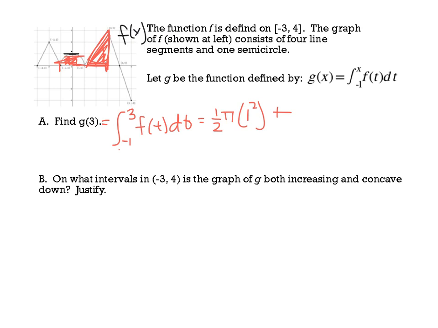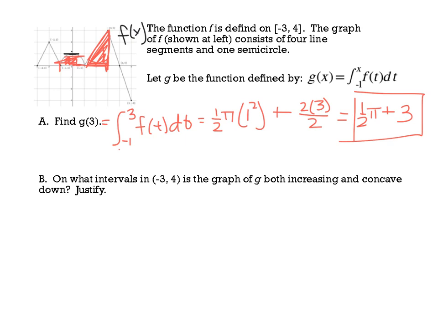It looks like our base there is 2, right, 1, 2, yep. And then your height looks like it is 3, divided by 2. So that ends up being 1/2 pi plus 3. That should be the area under that curve, and that's what that integral tells us to find.